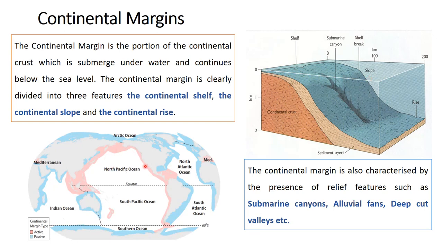All of these areas shown here in blue and pink, alright, all of these are the distribution of the continental margins around the world. Alright, so they are always associated with coastal areas.